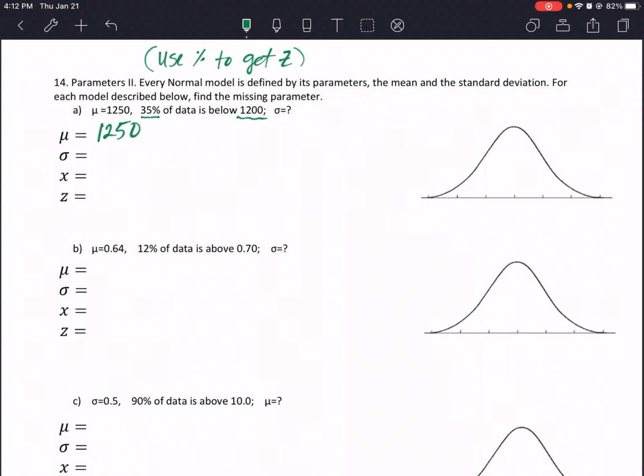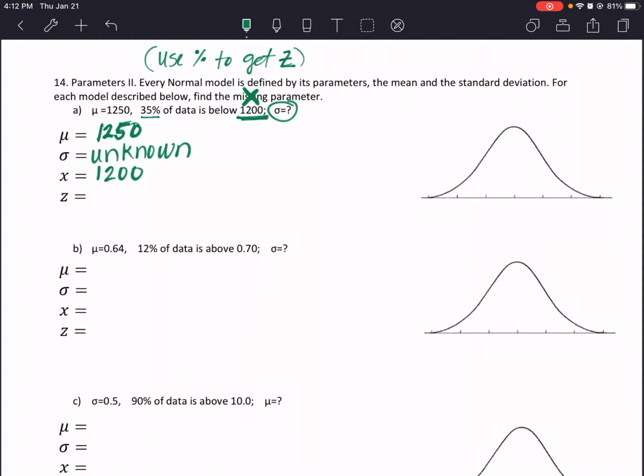So if I'm going to use 35% to get the z-score, and standard deviation is what is unknown, then what does that mean the 1200 is? That must mean that the 1200 is the x value. Okay? So that's how you came to that conclusion, that the 1200 is the x value.